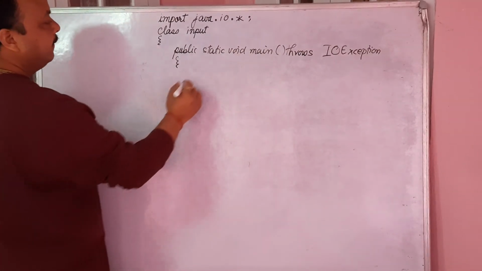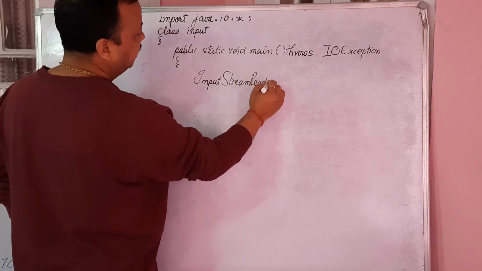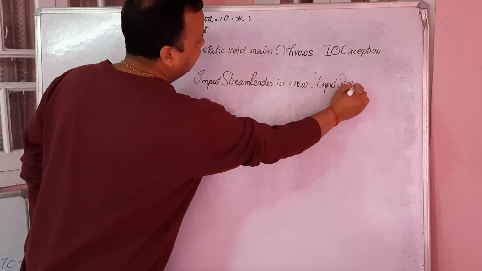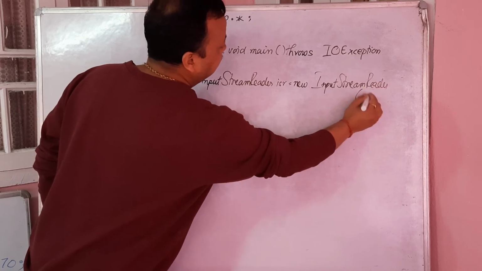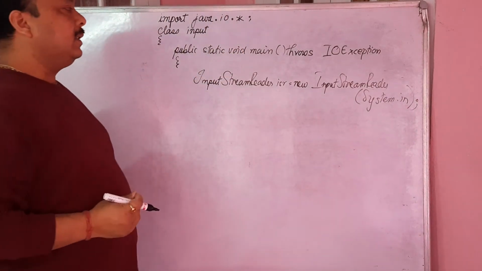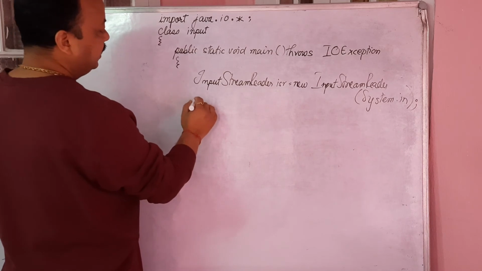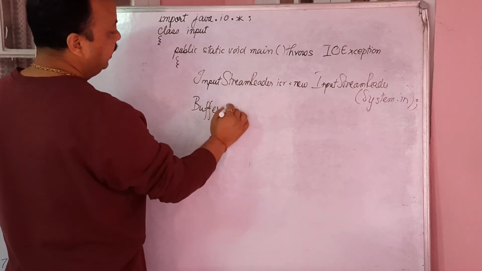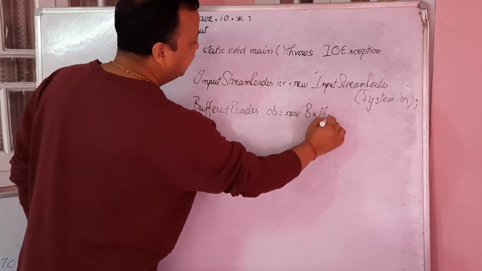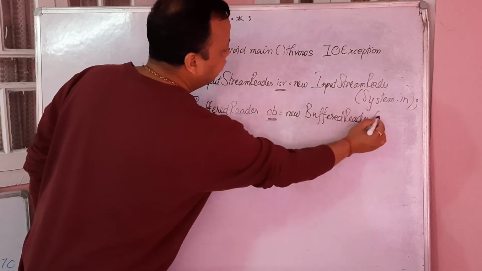Mentioning this, we'll discuss. Then you have InputStreamReader, mind the case, new InputStreamReader, System.in. Again, just like the Scanner class where we created an object and connected it to the input device, here also we have done a similar approach, but then we've taken another object of the BufferedReader class and we have connected this object OB, BufferedReader, to the object of the InputStreamReader class.